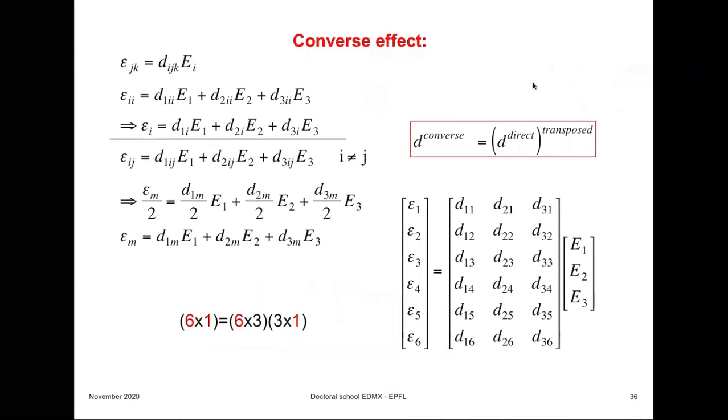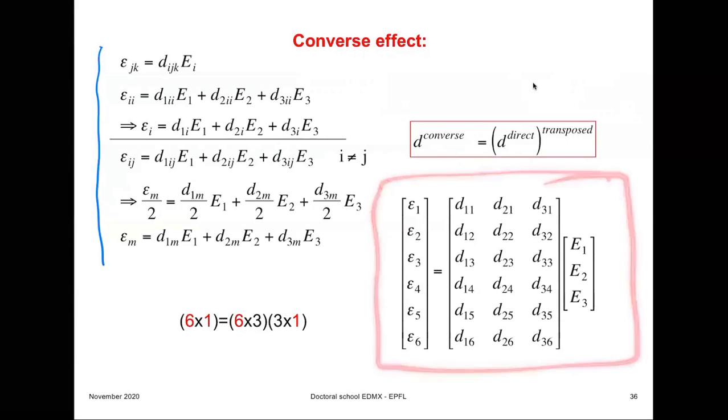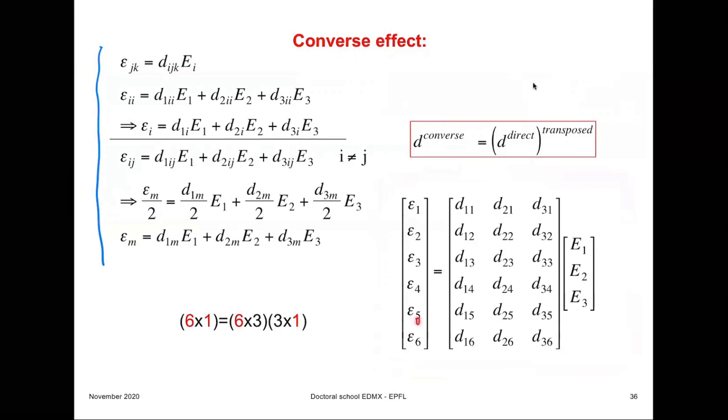So that we write the piezoelectric converse effect in this format, collapsing it into two matrices, and in a matrix format, the strain vector, piezoelectric matrix, and electric field vector would look like this.